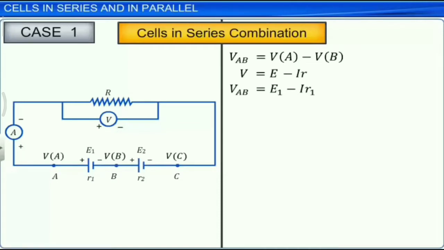Here I is the same, in the circuit the current is constant, only the potential difference changes. That is equation 1. VBC is equal to VB minus VC, then VBC is equal to E2 minus IR2. Equation 2.